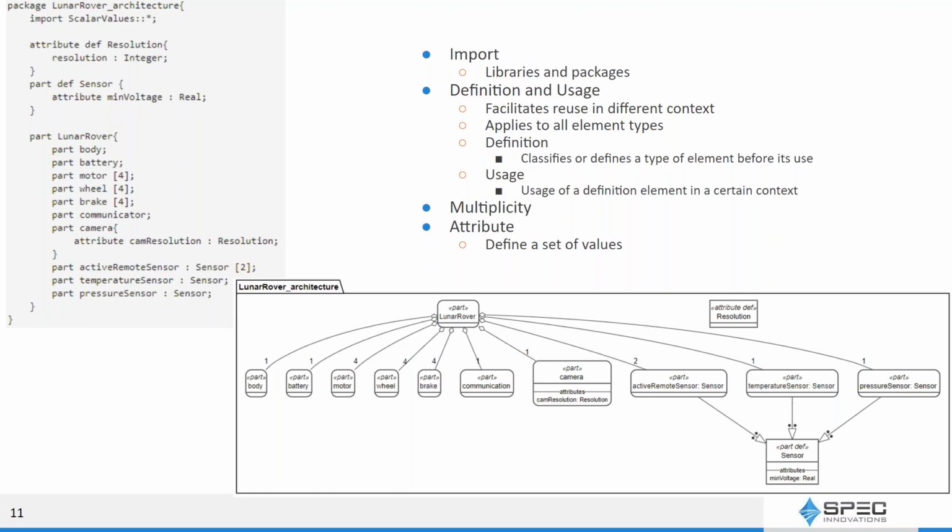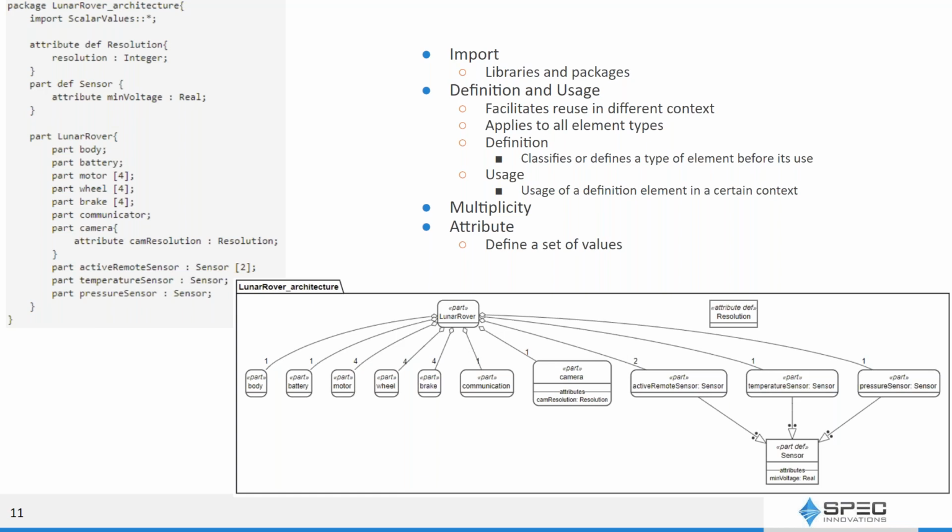In this slide, we're going to talk about the definition and the usage, which allows that reuse in different contexts. You can define one thing and use it in multiple contexts. This is employed throughout the entire SysML V2 language, and it applies to all element types.